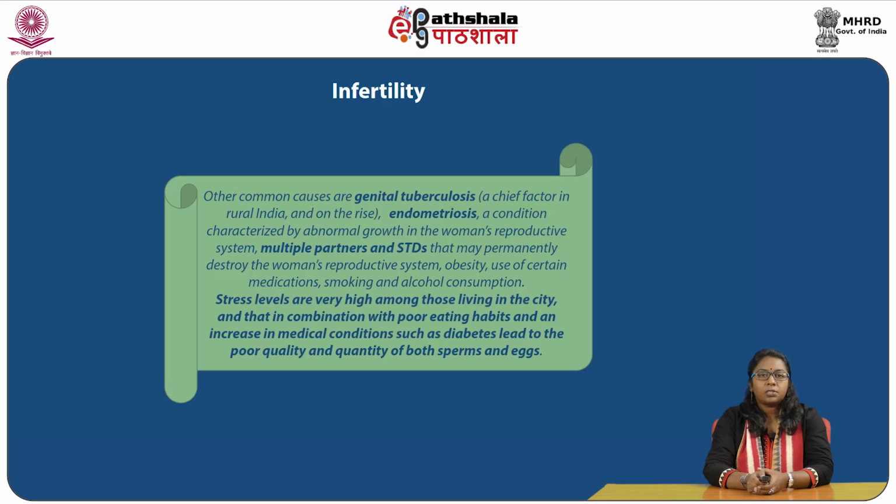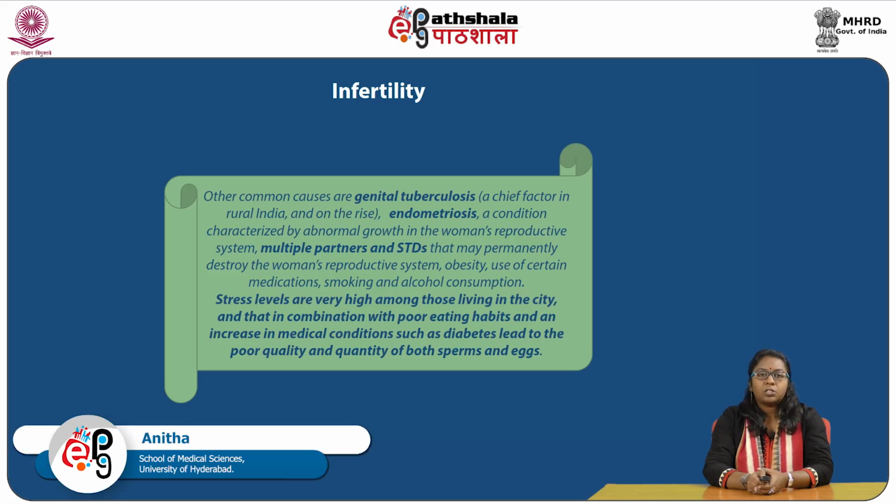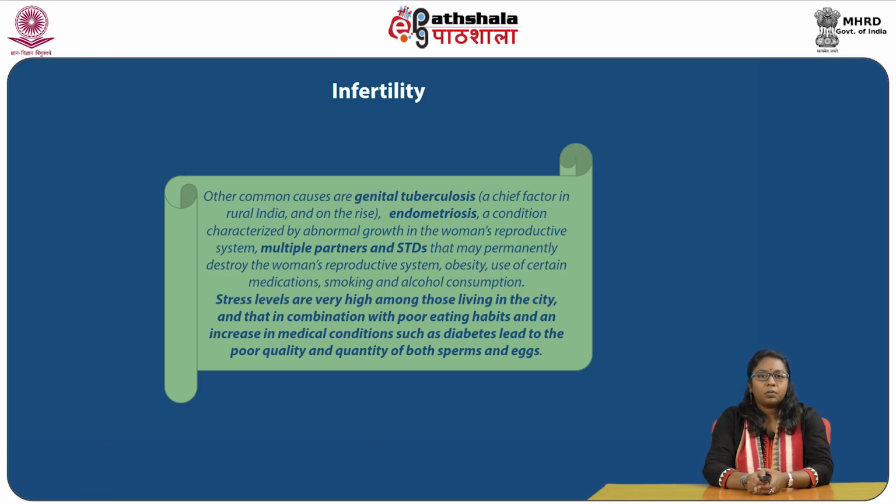Other common causes are genital tuberculosis, a chief factor in rural India and on the rise, endometriosis, a condition characterized by abnormal growth in the woman's reproductive system, multiple partners, and sexually transmitted diseases that may permanently destroy the woman's reproductive system, obesity, use of certain medications, smoking, and alcohol consumption.